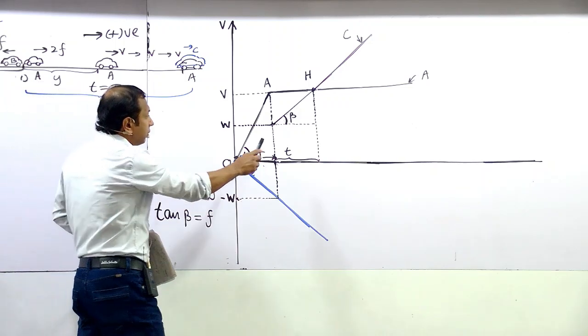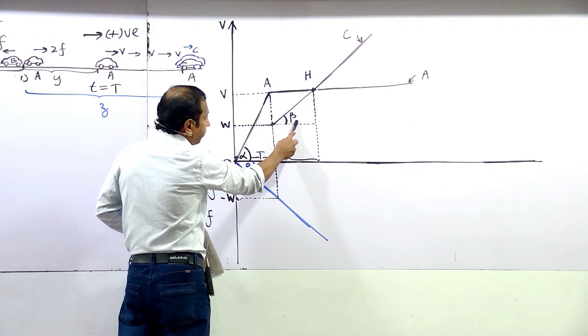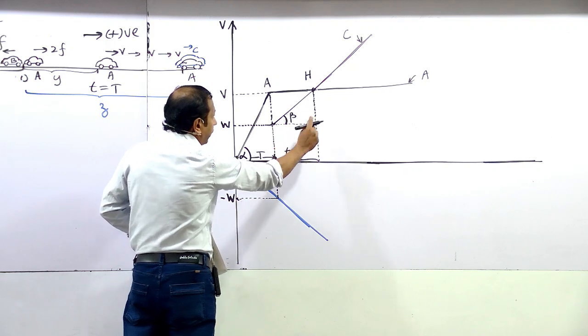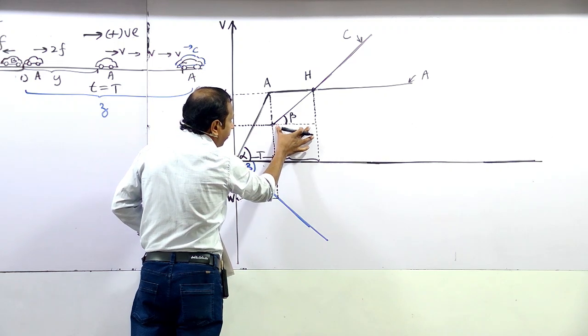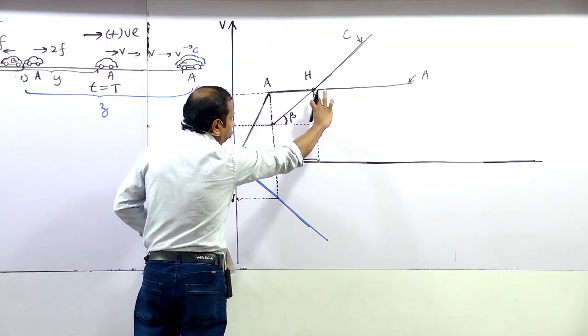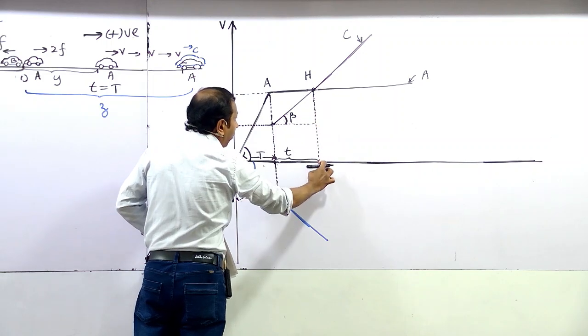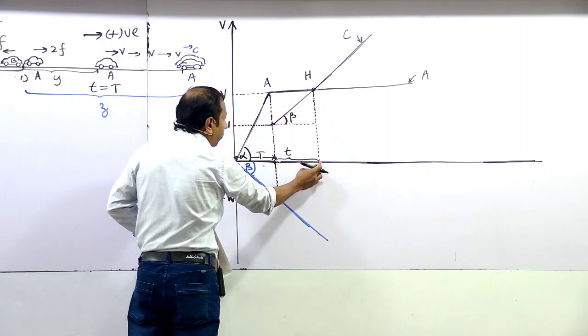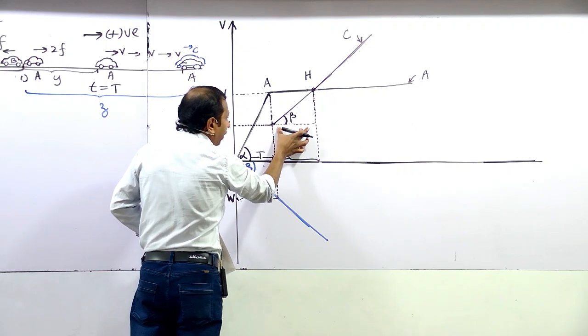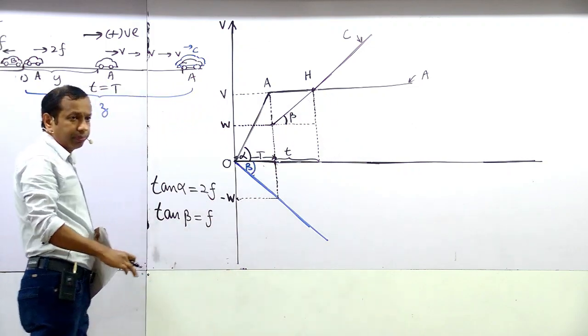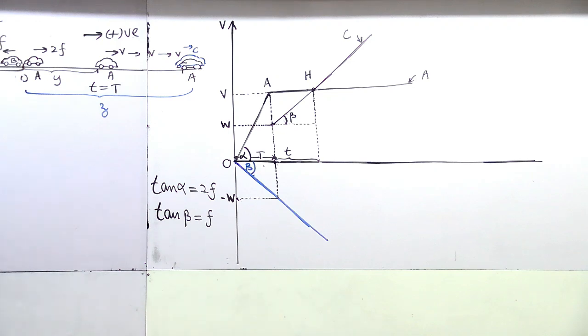In this triangle, we can write tan beta. What is tan beta? The opposite side divided by the adjacent side. Then this opposite side you can write how? Whole height is V, from here to here it's W, so V minus W divided by T is the tan beta.